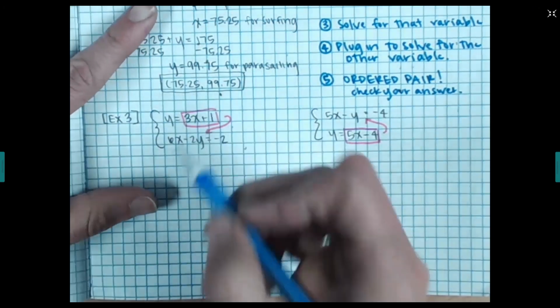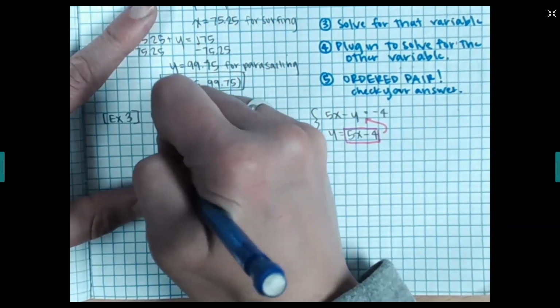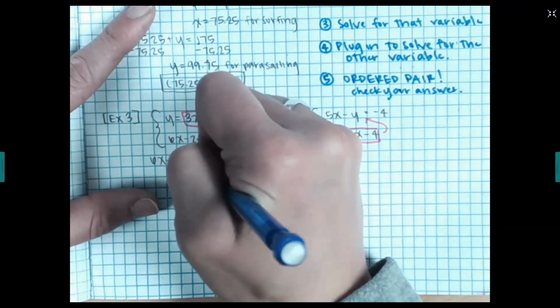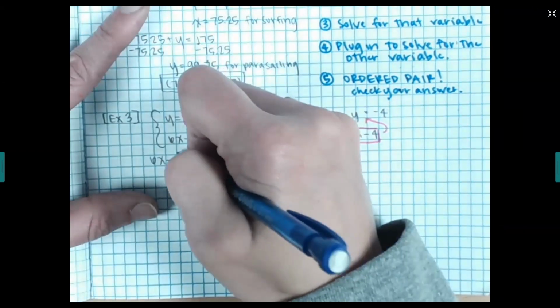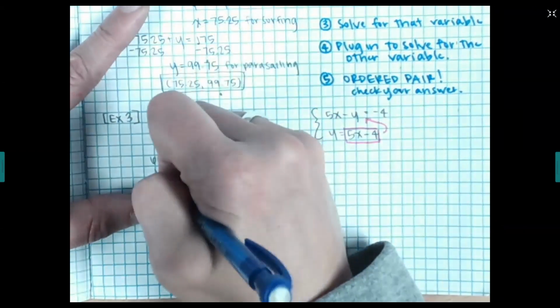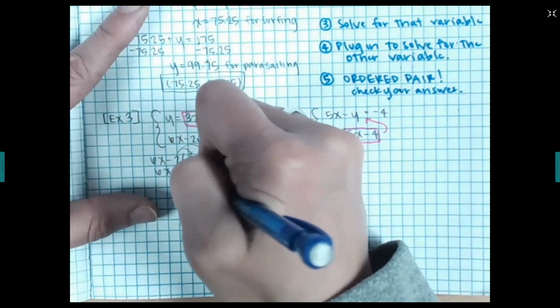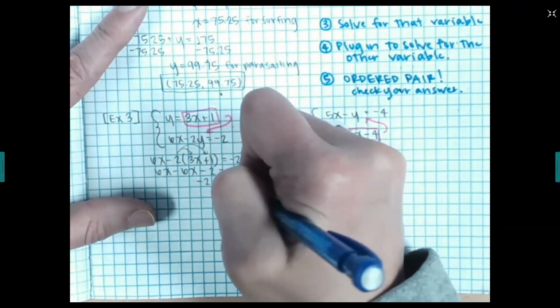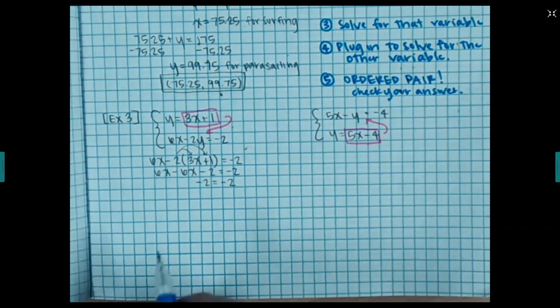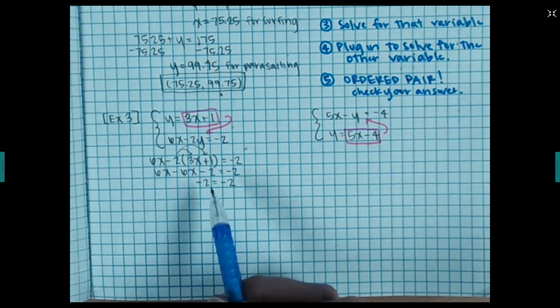So when I do that, I end up with 6x minus 2 times 3x plus 1 equals negative 2. And I distribute. So you get 6x minus 2 equals negative 2. And end with negative 2 equals negative 2. Now, this is similar to topic 1 where we learned about specials.